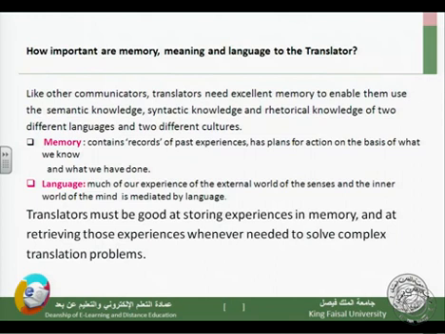In other words, if you want to become a translator, and a very good translator, you really need to have an excellent memory. Why? Because you need to store experiences, and you need to retrieve. It means to call back these experiences when you have any problems in translation. So this is very important.